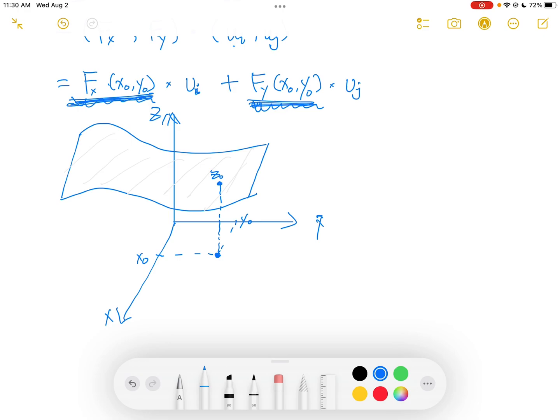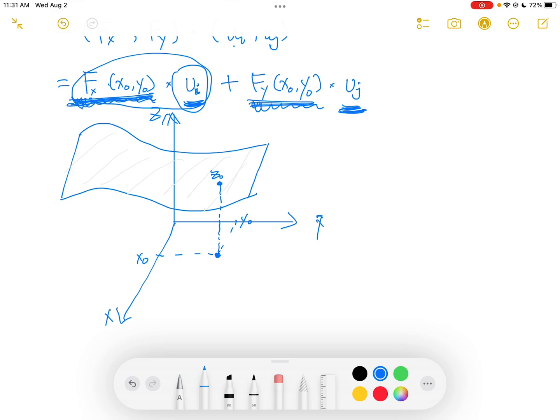So naturally, the unit vector elements along the x and y axes tell us, based on the partial derivatives, that the partial derivative fx tells us how much z changes if x were to change by a unit amount. So how much do we want x to change by? We want x to change by this much, and that gives us how much z will be impacted.